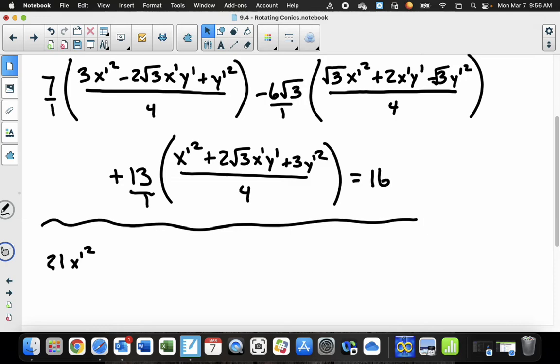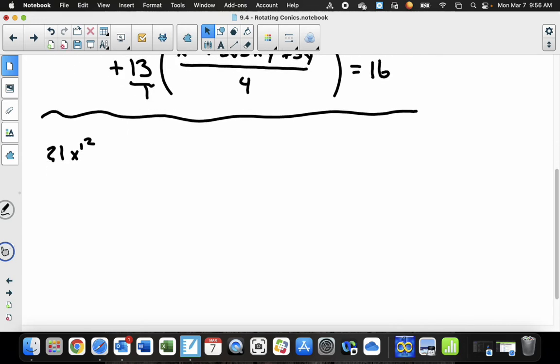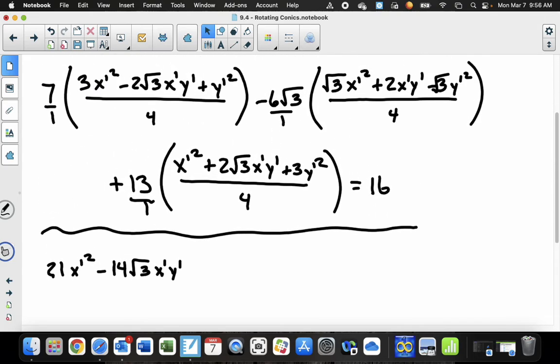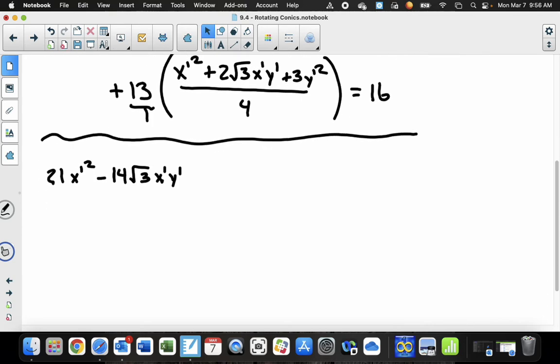That was all. So now I'm just multiplying each one of these terms by 7. So there's the next part. Minus 14 square root of 3 x prime y prime. And then when I multiply the 7 times the y prime, you just get 7y prime squared.